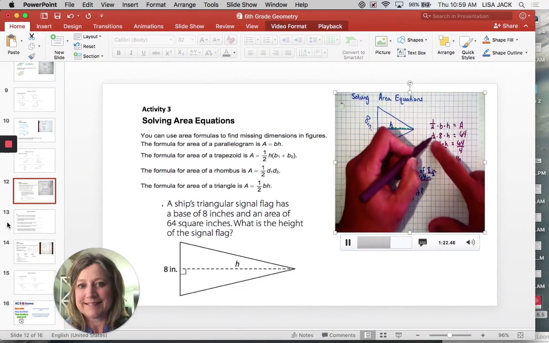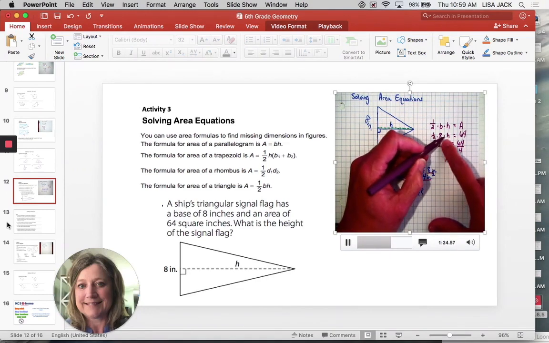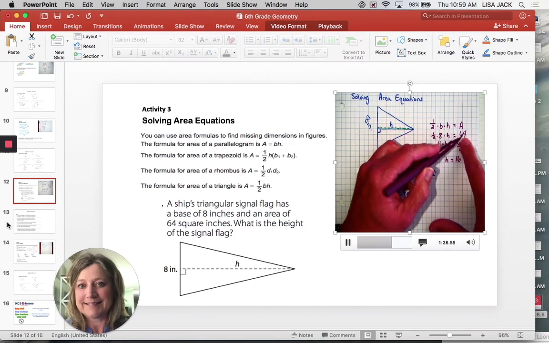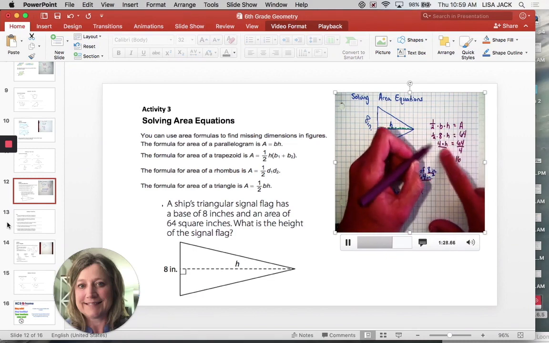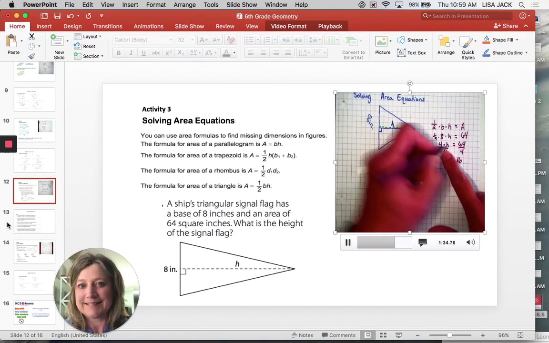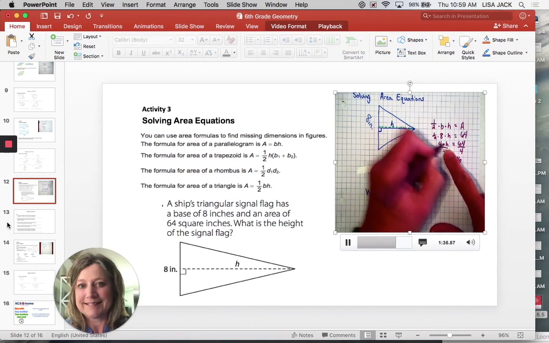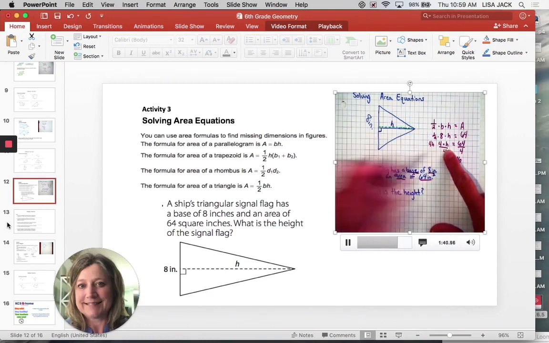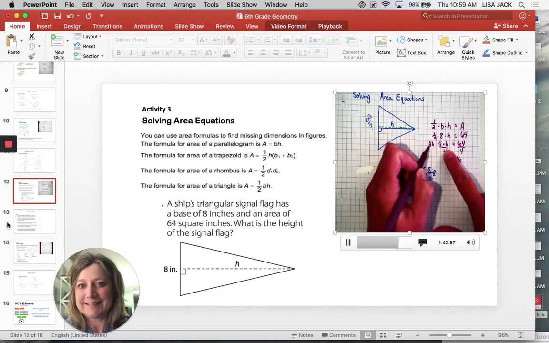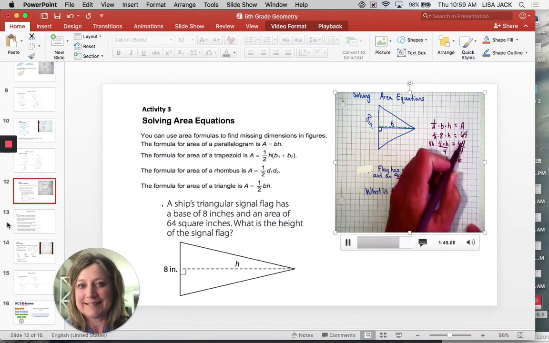Then we have half times 8 times the height equals 64. Half of 8 is 4, so we have 4 times h. We can also write that as 4h. We don't have to put the dot there, but we can make it 4h equals 64.